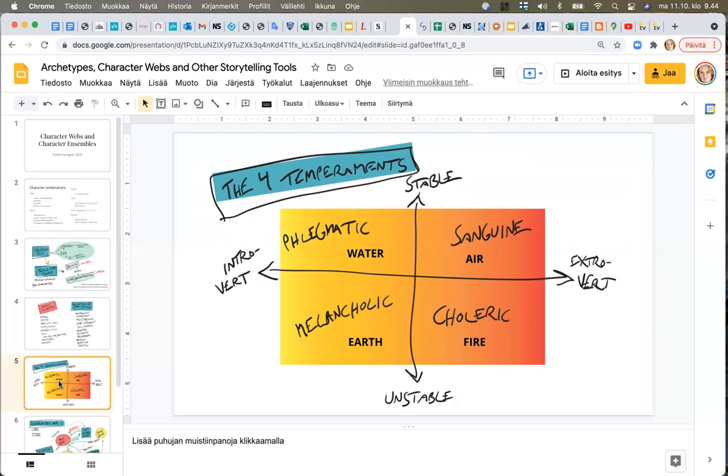And you can still find this in a way in popular psychology.